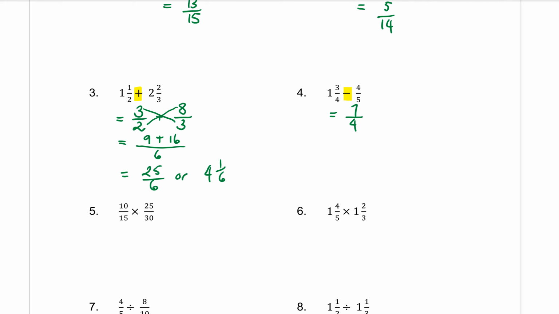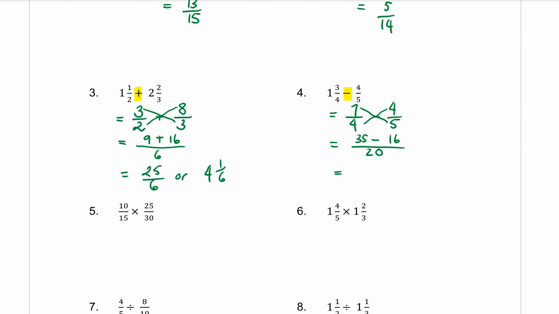The second one doesn't need to be changed, so we're just going to write it down exactly as it is. Okay, now for the common denominator. 4 times 5 is 20. Timesing across, 7 times 5 is 35. This is a minus sign. And 4 times 4 is 16.